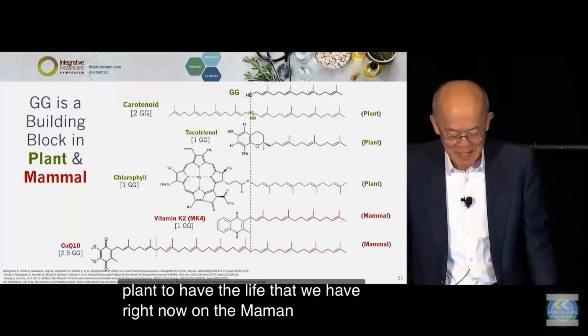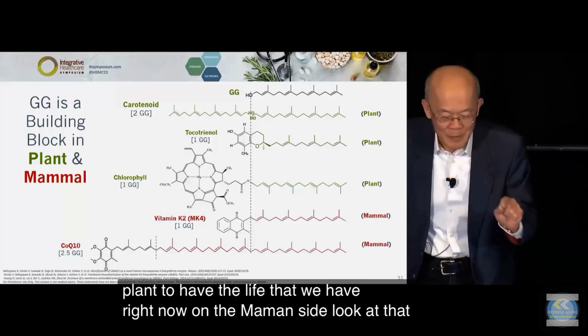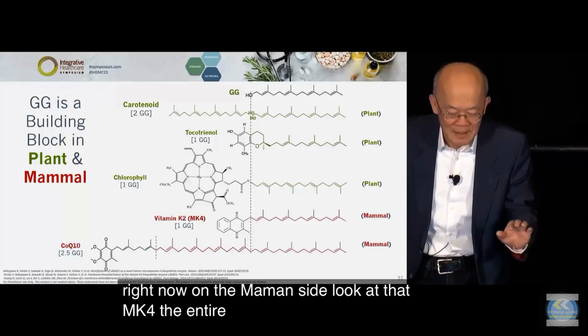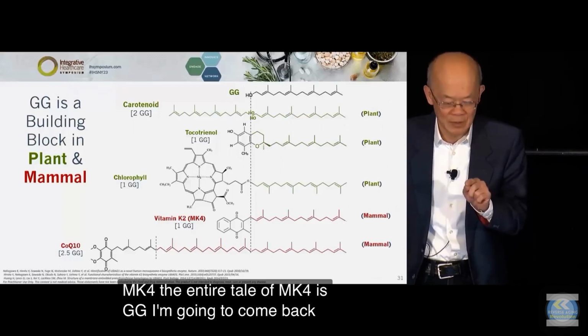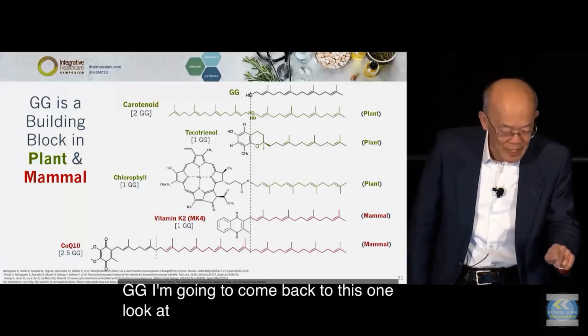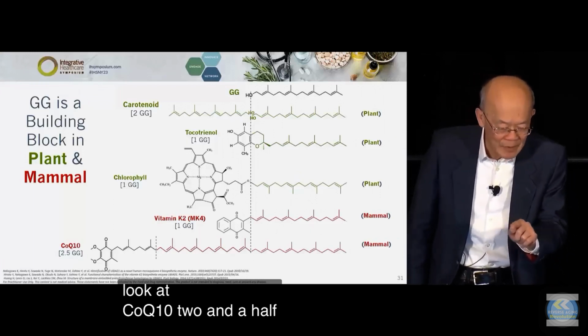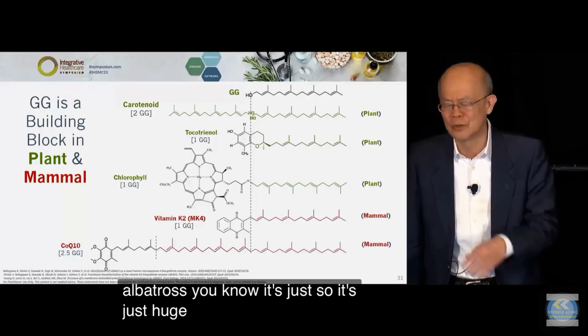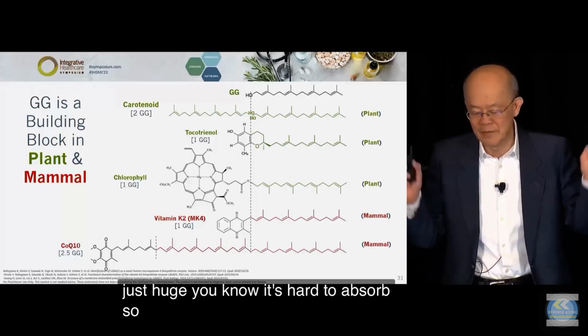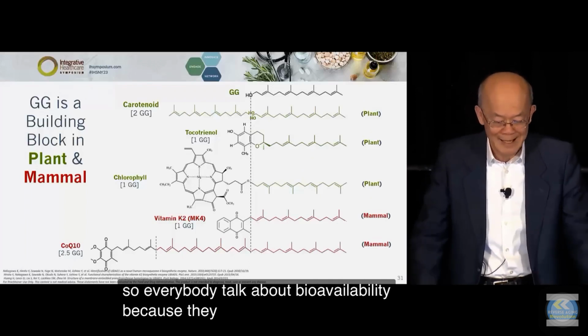Now on the mammalian side, look at that. MK4, the entire tail of MK4 is GG. I'm going to come back to this one. Look at CoQ10. CoQ10 is like an albatross. It's just huge. It's hard to absorb, so everybody talks about bioavailability because they can't get that in.